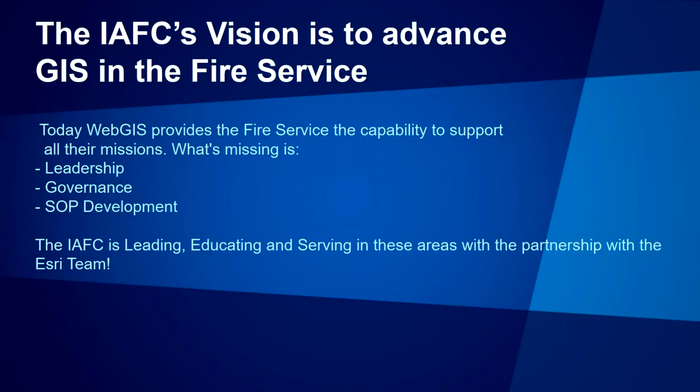And then, of course, the governance and SOP development is huge, because what we see, we had over 400 requests for our disaster response program this year. And what you'll see is an agency that doesn't address preparedness related to technology, and that's any technology for that matter, but particularly using spatial data for a significant response.